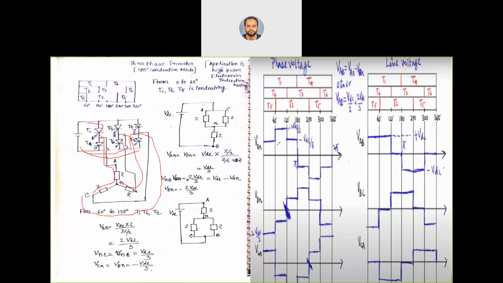So in this same way, if we try to draw each circuit, this is our 120 degree to 180 degree conduction mode.